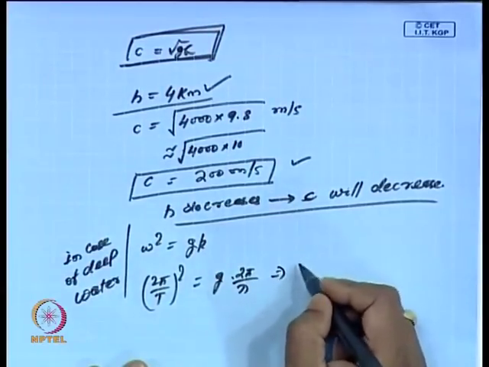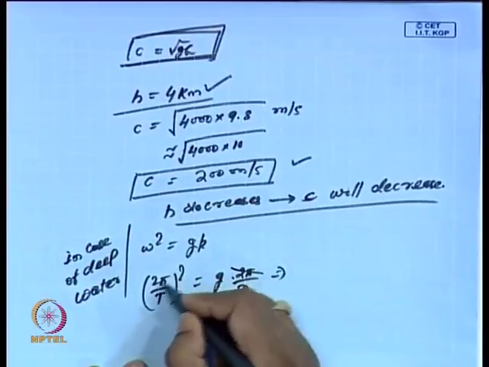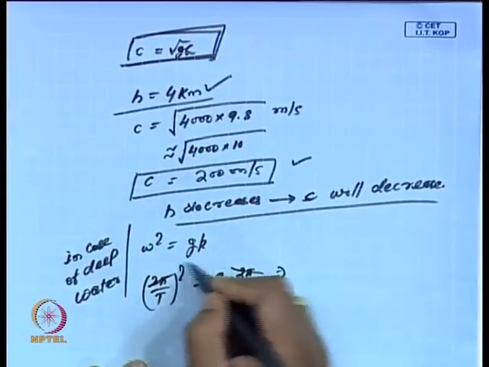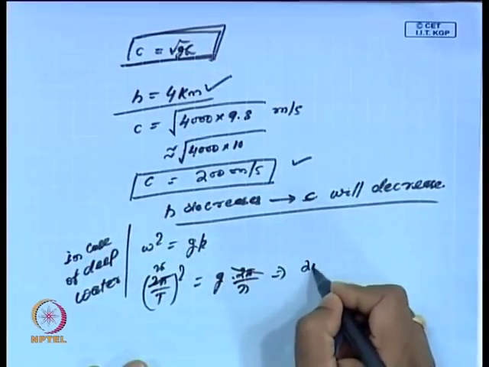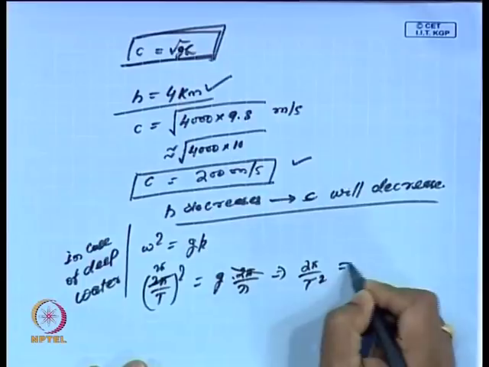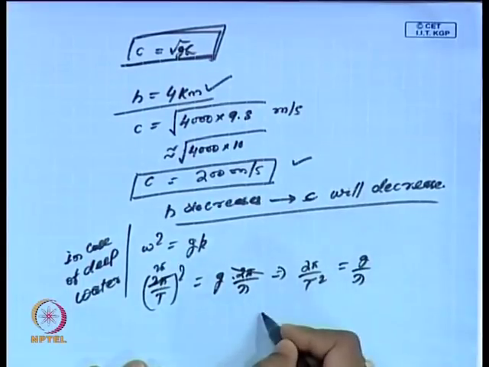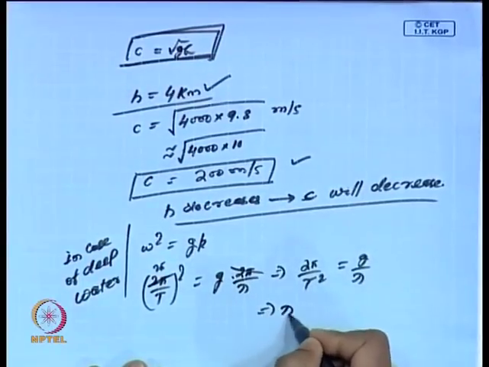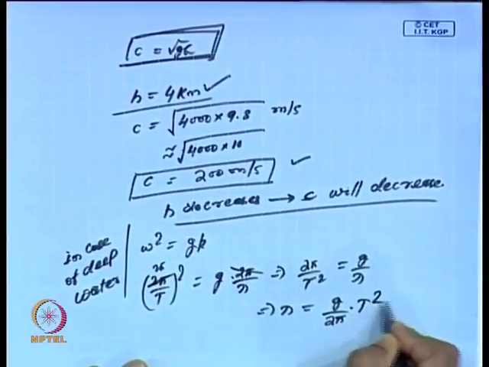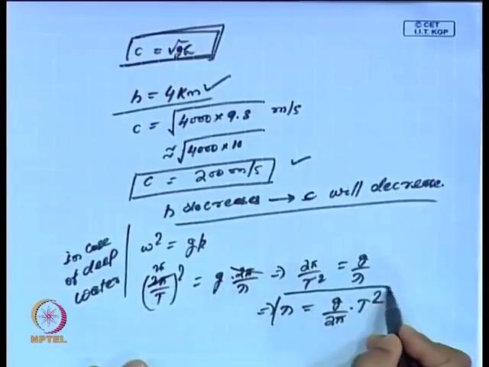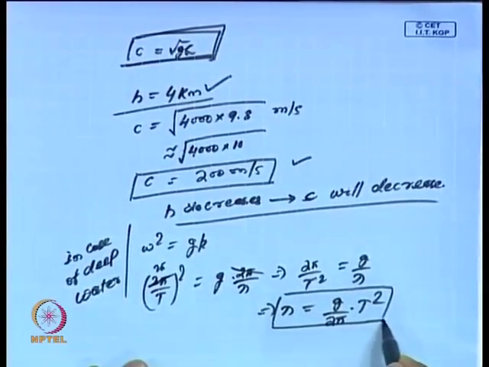So, 2 pi by T whole square equals g times 2 pi by lambda. One 2 pi cancels, and we are left with 2 pi by T square equals g by lambda, which implies lambda is g T square by 2 pi. So, in the case of deep water, lambda varies as T square.